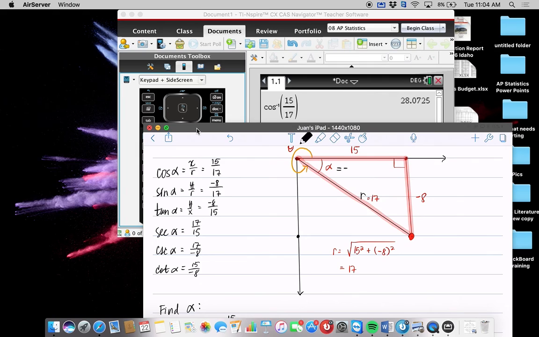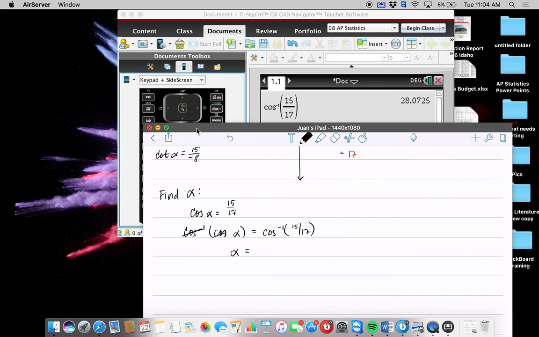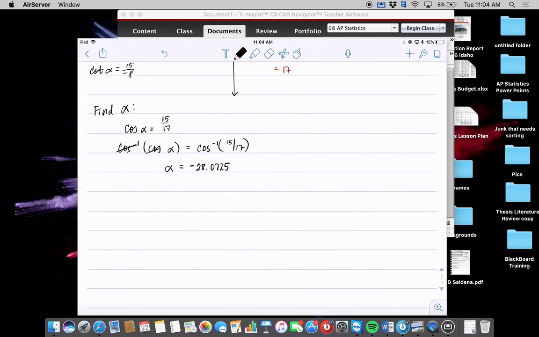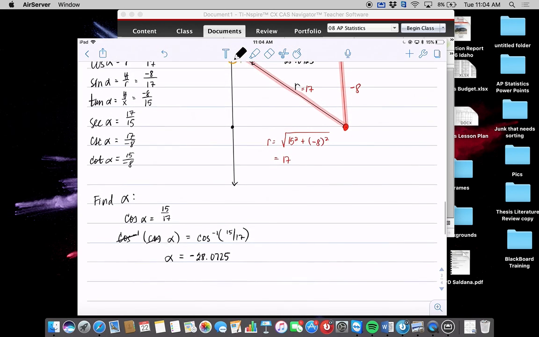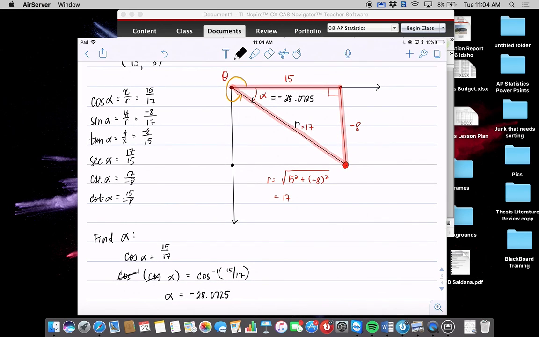So alpha is going to equal negative 28.0725. Careful with the direction. But remember that that wasn't the value that I wanted. I wanted theta. I want all of this.